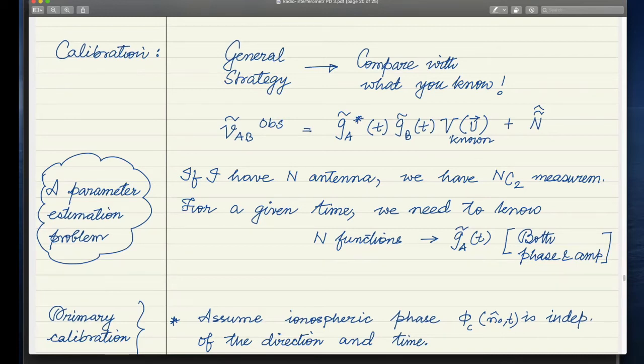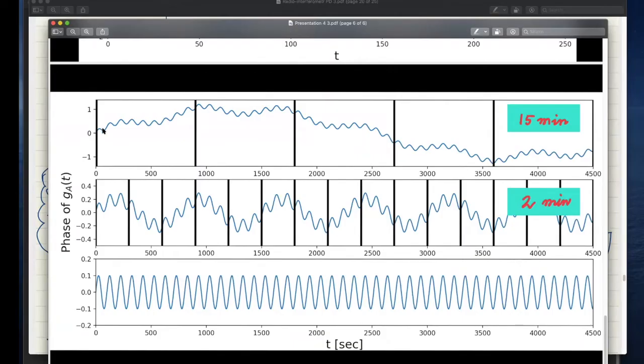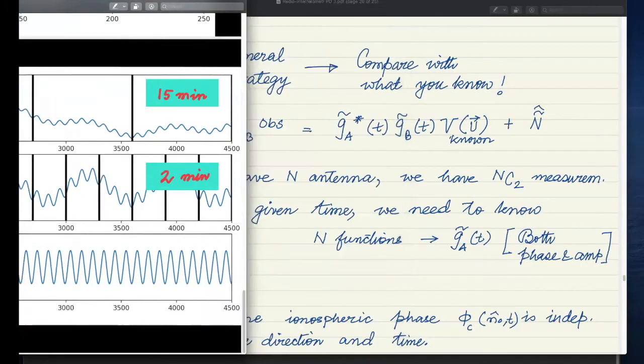Remember that you are observing only at these points where this black line intersects the blue lines. So I am just calculating the gains at those points only. I have not been able to calculate the gain in between because I don't have any observation of that point source at the phase center.